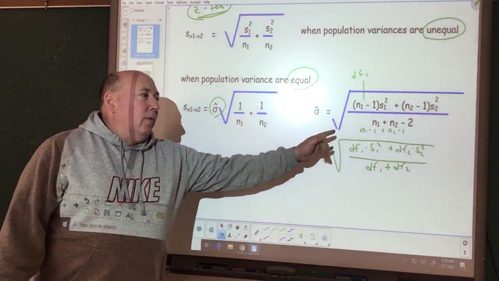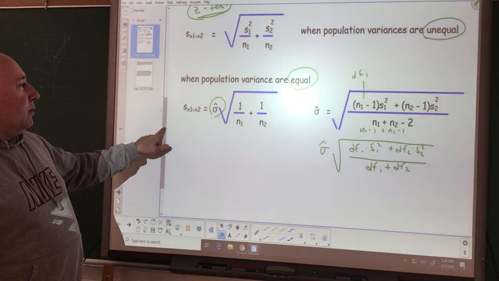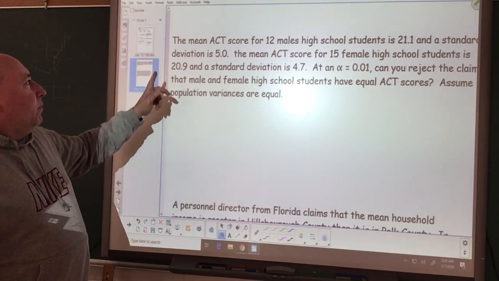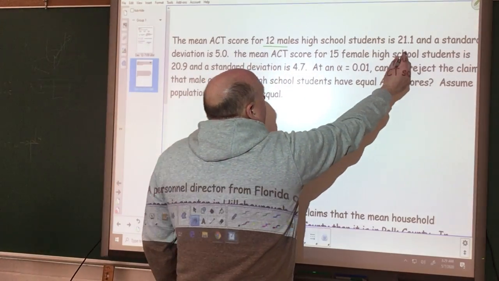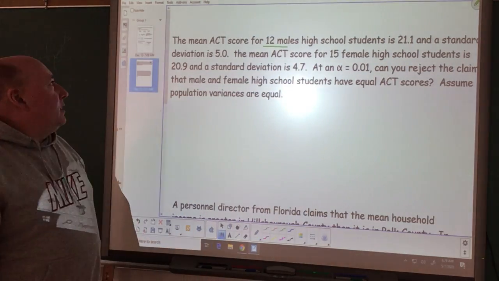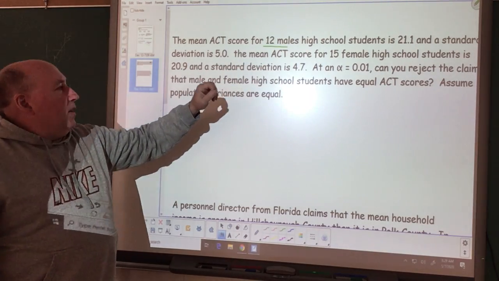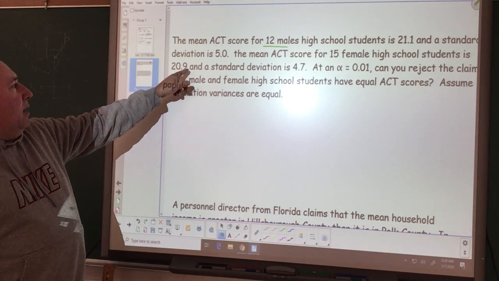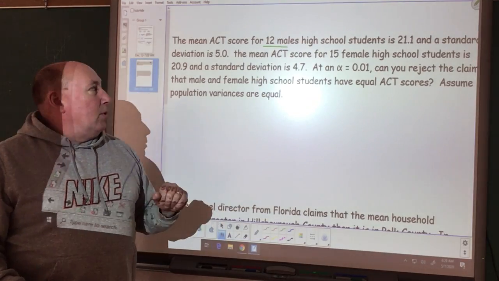Okay, so we had two different scenarios that we had to look for, and the problems will tell you what you have to deal with. If we go to the back side, ACT scores of 12 males is 21.1, standard deviation of 5. Mean ACT score for 15 female high school students is 20.9, standard deviation 4.7. Same problem we did yesterday, alpha value 0.01.